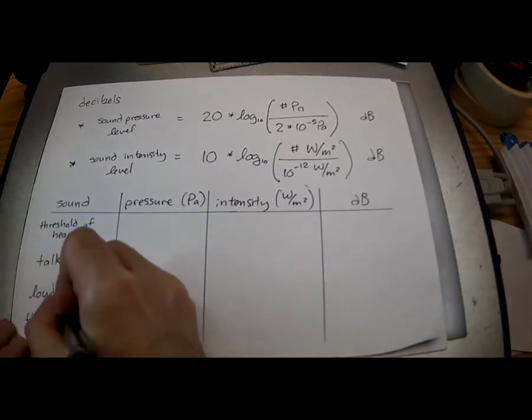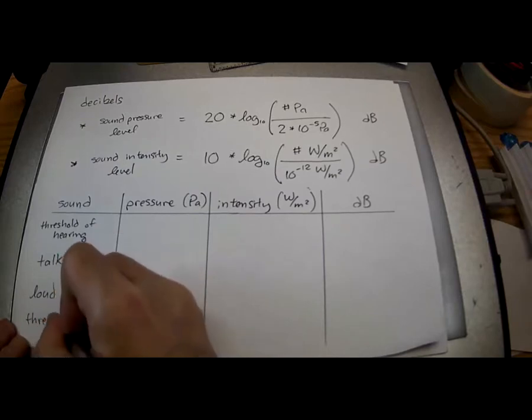And finally, threshold of pain. Now, why pain? Well, we are talking about pressure waves, and your eardrums are made out of physical material. If you play a sound too loud, that pressure can physically tear your eardrums apart. Ouch, wonder how loud that is? We're about to find out.